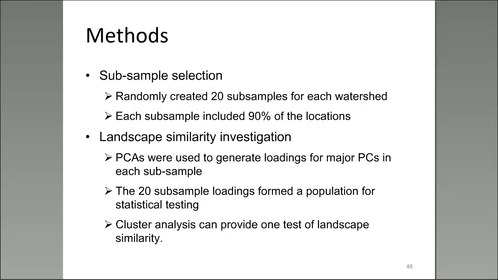We created 20 subsamples for each watershed, and then we did principal component analysis on each of the subsample sets, and so we created 20 subsample loadings for statistical testing. And then later we did cluster analysis to provide another test of landscape similarity.